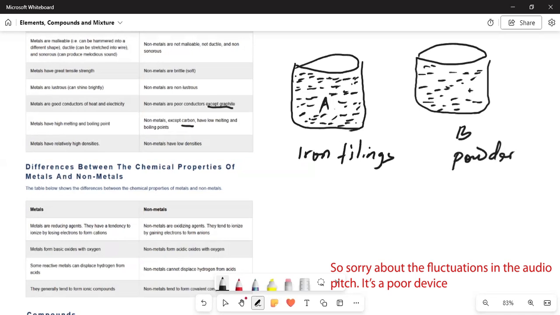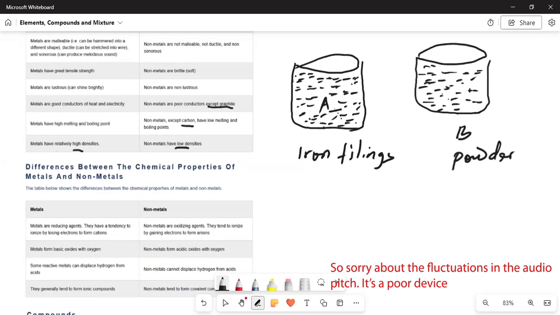Now these two things, iron filings and powder, the containers are of the same volume, but the mass of material in iron is far more than the mass of material in powder. That is why cup A containing iron filings will be heavier than cup B containing powder. So in essence, metals have high densities, while non-metals have low density.